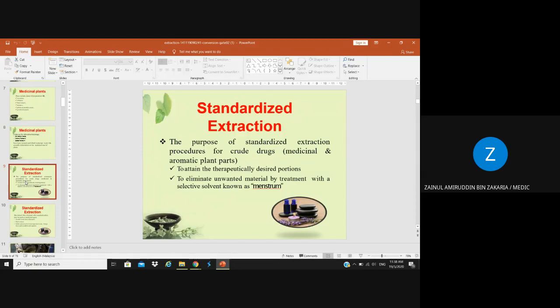Let's say you have compounds A, B, C in the extract. You do it the first time, you get 5% A in your extract, 10% B, and 7% C, the combination.